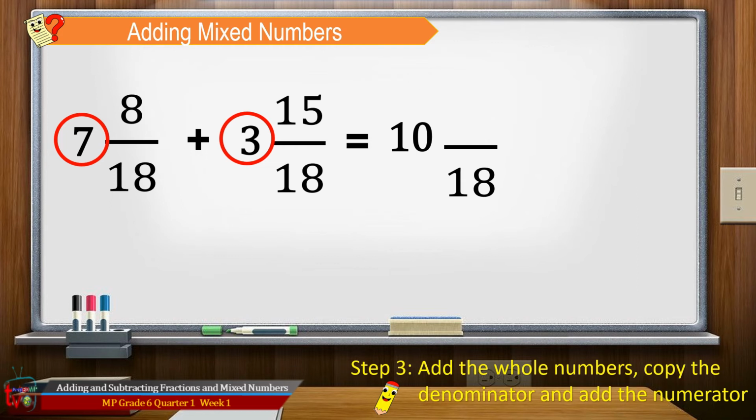Add the numerator now. 8 plus 15 is equal to 23. But again, as we can see, 23 is more than 18. Therefore, we have to change this one into a mixed number before reducing our answer to its lowest term.